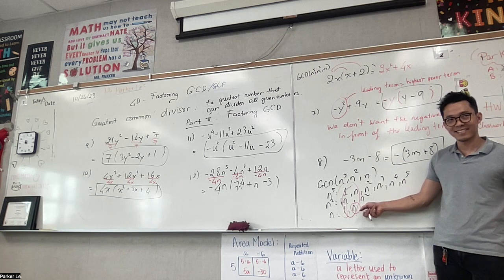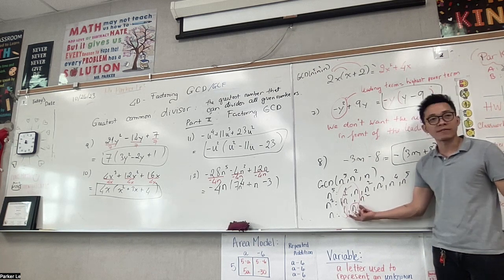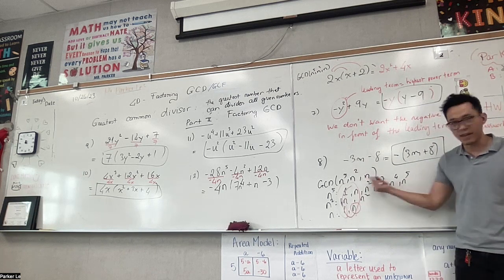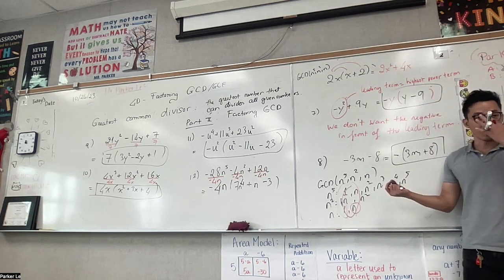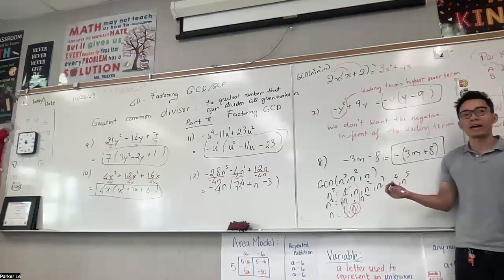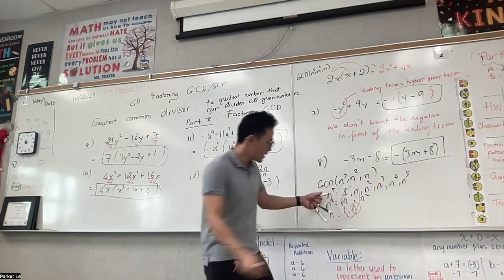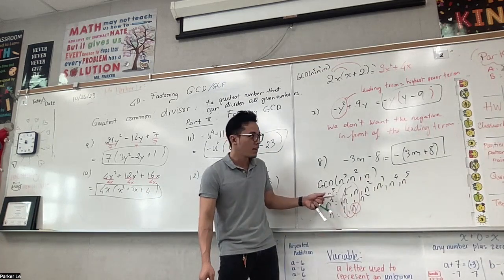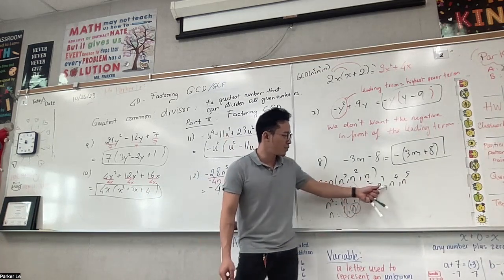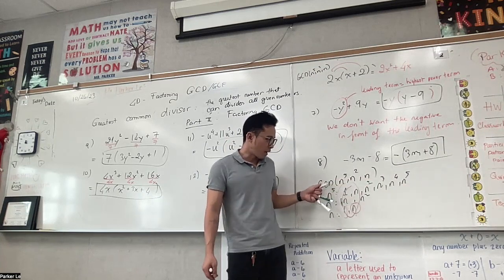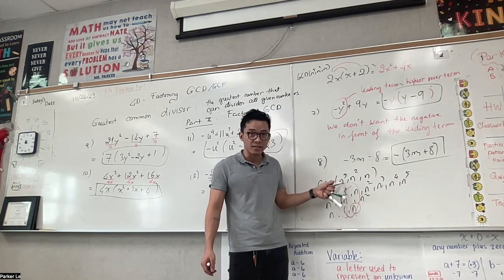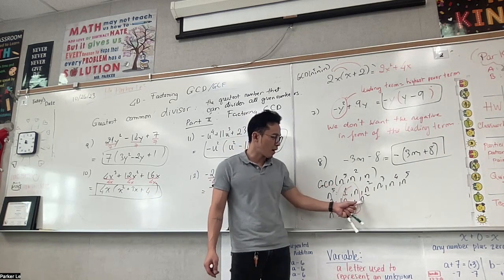Listen. This is the biggest number. The biggest number for the common factor, not the biggest number on here. The greatest common divisor, not the biggest number overall. So again, you list all the divisors of n to the 5. We have 1 and 5. They all can divide n cubed. N squared has n and n squared.